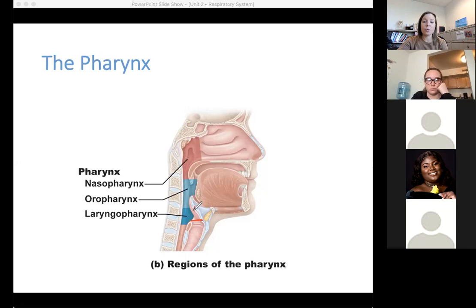So this will fold down and cover that opening whenever you're swallowing food or liquid. And that forces that food or liquid to go into that posterior tube, which is the esophagus. That is the tube that's meant for foods and liquids that you're ingesting.